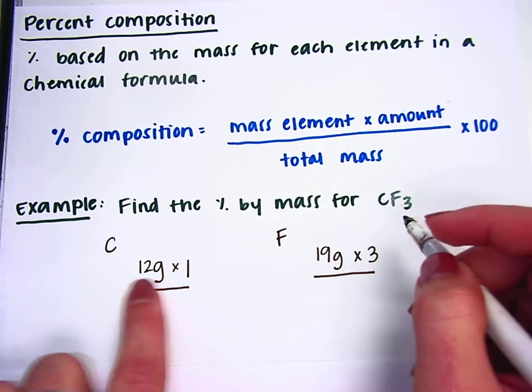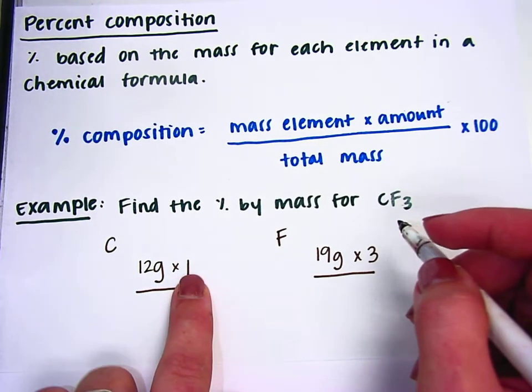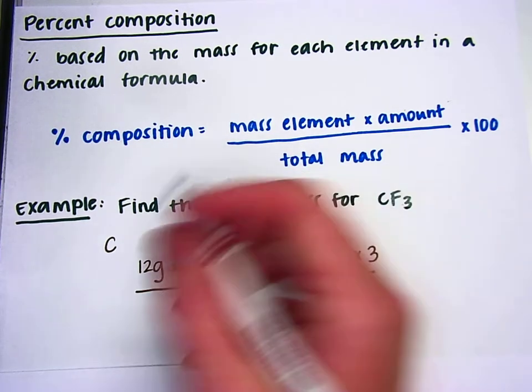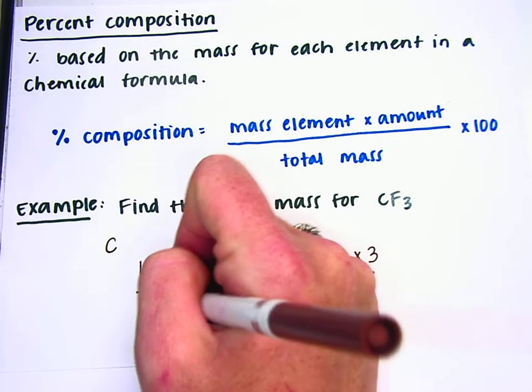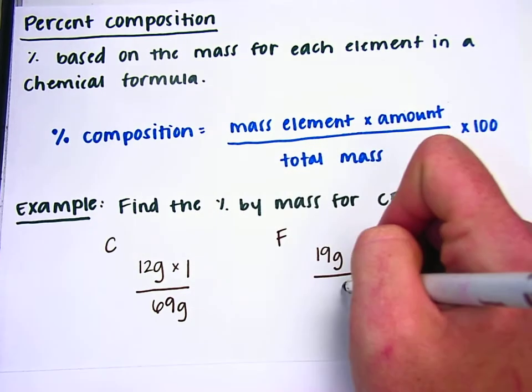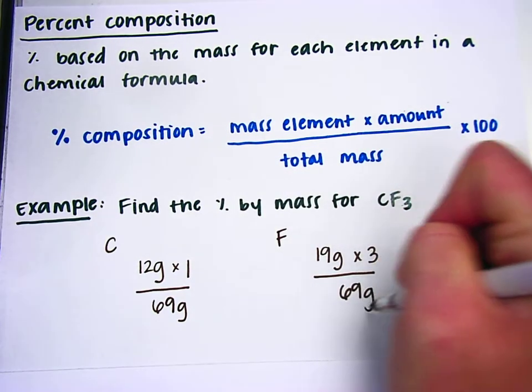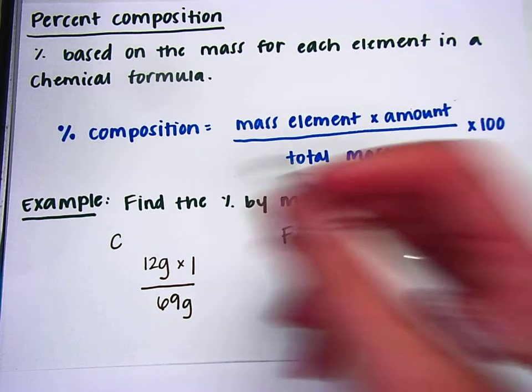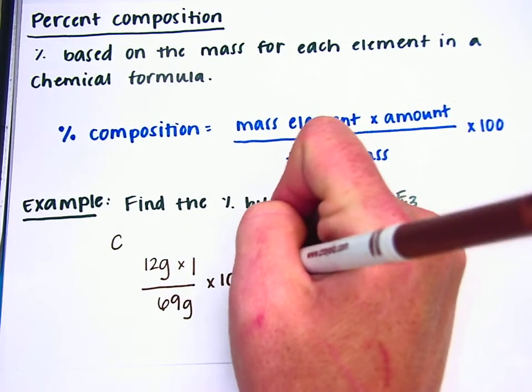So if you add up 12 times 1 with 19 times 3, you should get 69 grams. And that is the molar mass of CF3. Then it tells me to multiply by 100, because this is going to be giving me a percent.